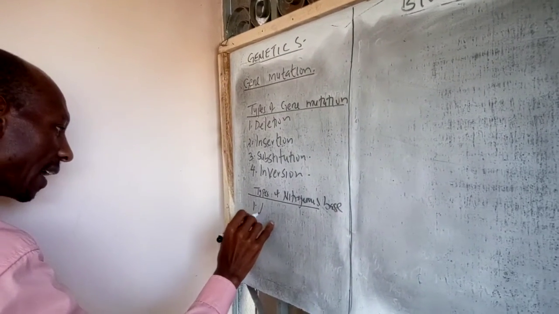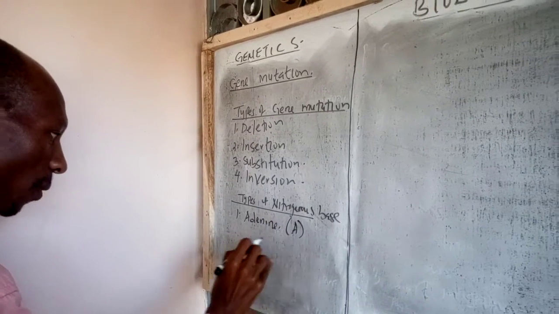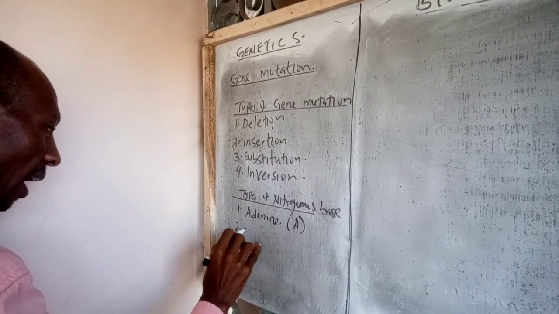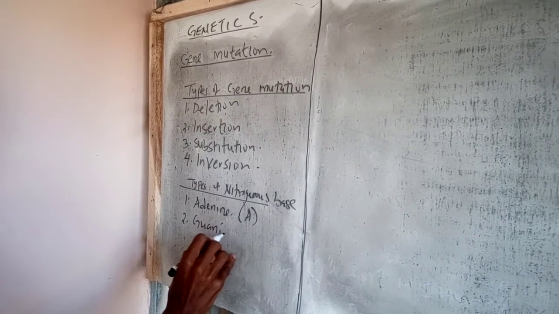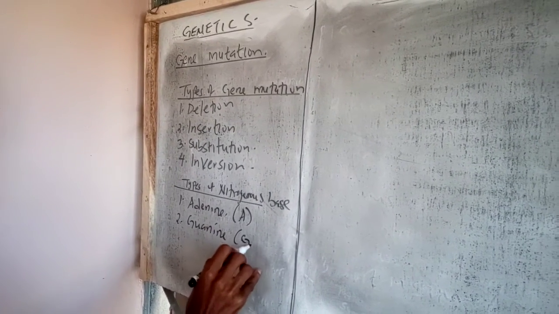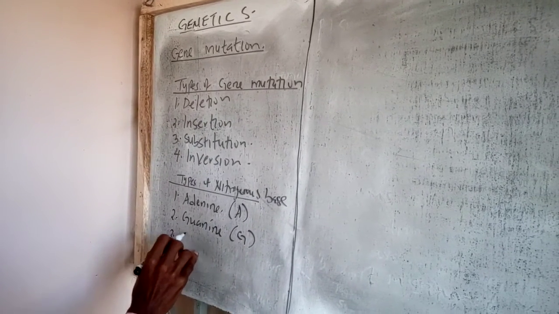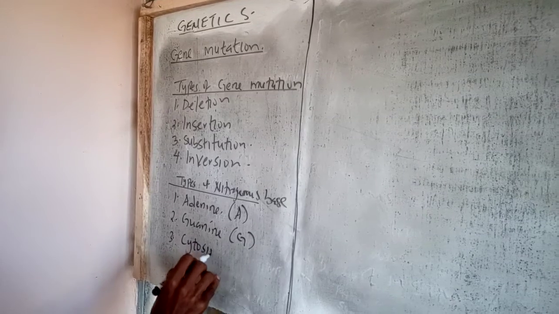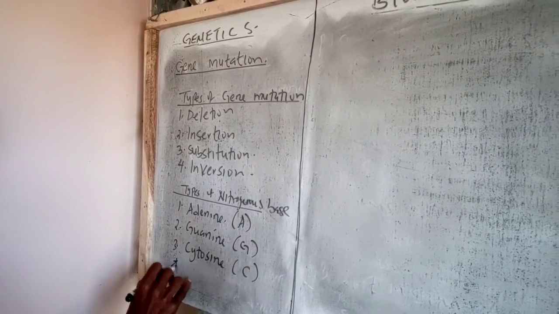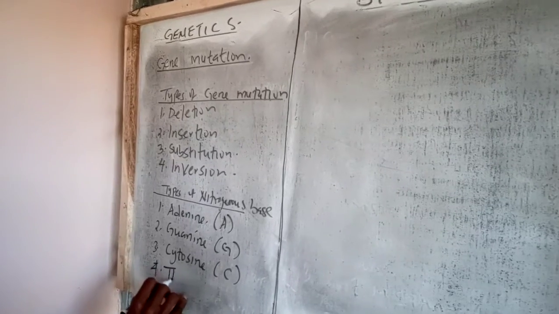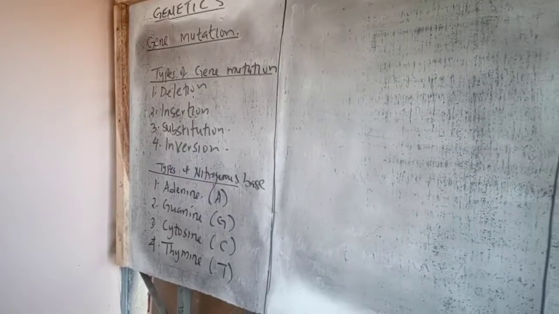The first one, adenine, is denoted by capital A. Number 2, guanine, is denoted by capital G. Number 3, cytosine, is denoted by C. And number 4, thymine, is denoted by capital T.